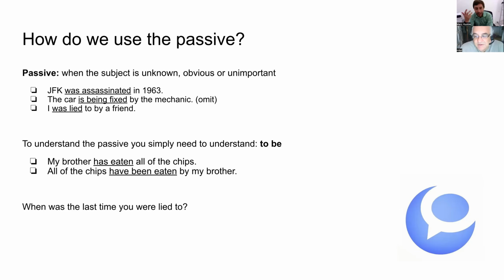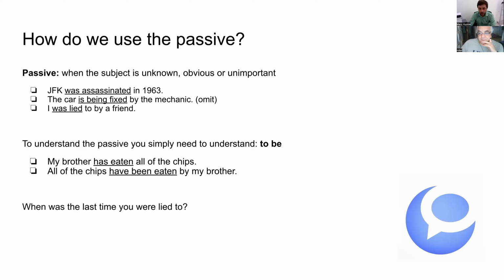Yeah, give it back or return it. Good. So the last time I was lied to, because you are the object. You don't do anything. You receive the lie. So the passive, I was lied to by someone. Active, someone lied to me.